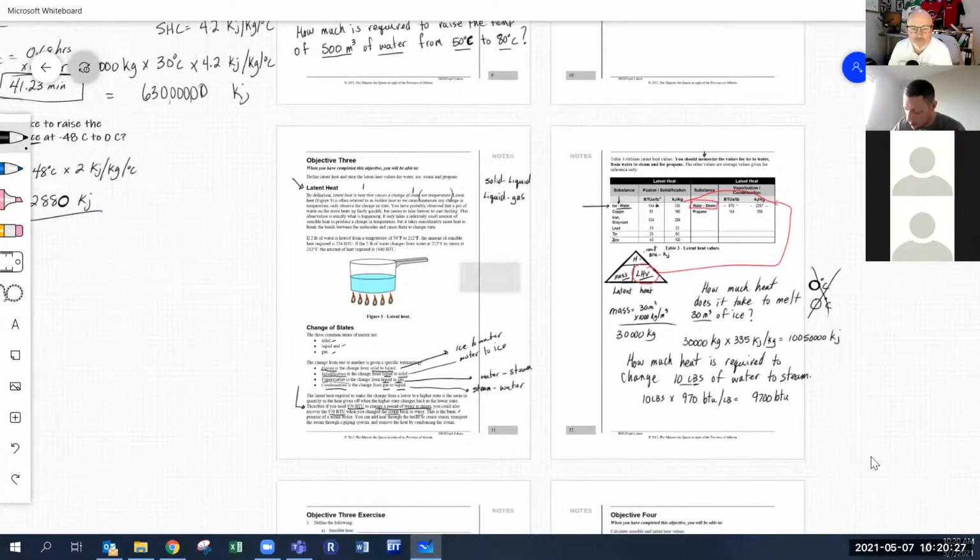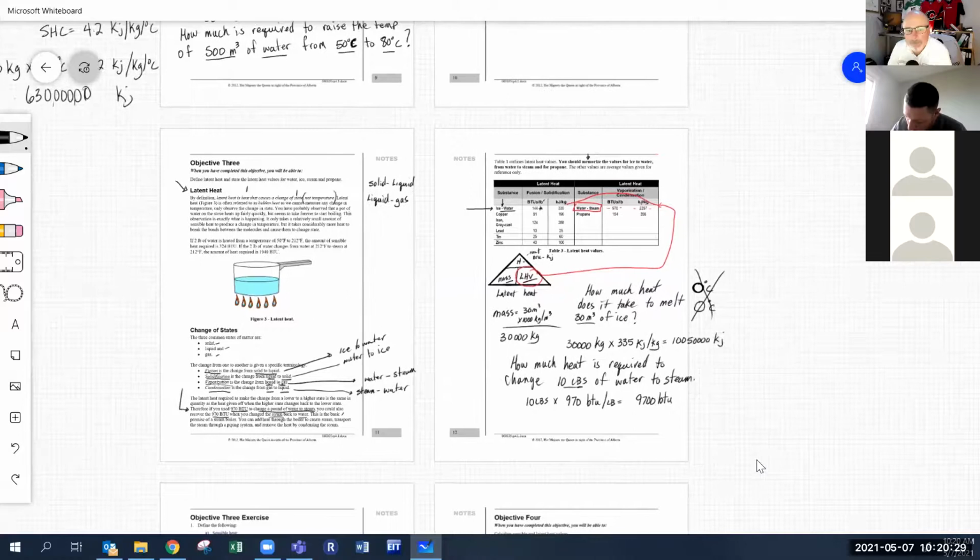Doug, just a quick question. Yeah. So that's never changing the actual temperature. Never, Dawson, never. There's no change in temperature when we're doing a latent heat calculation. And on the previous page, it said you could recover those BTUs.